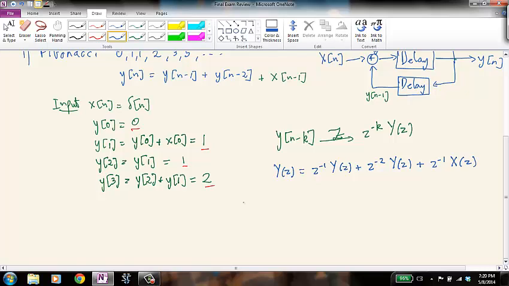Okay, and we can write what we call the transfer function of the system, h of z, which is the ratio of the output over the input.